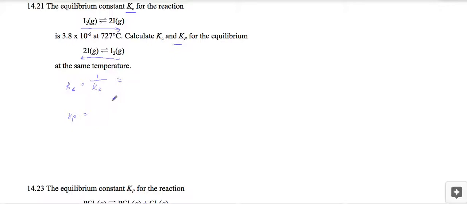This is how I have it in my key, 1 over 3.8 times 10 to the minus 5th. We have RT raised to -1. So I don't know what this number is, but just go ahead and calculate that, and then that gets plugged in here to solve for Kp. And we have a -1 for the change in number of moles.